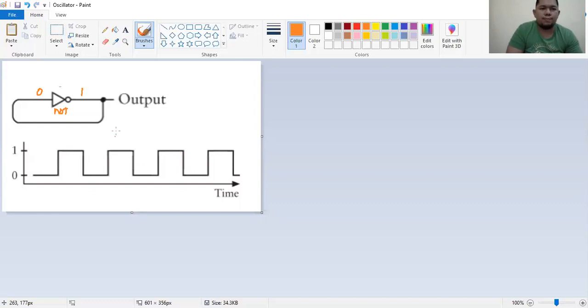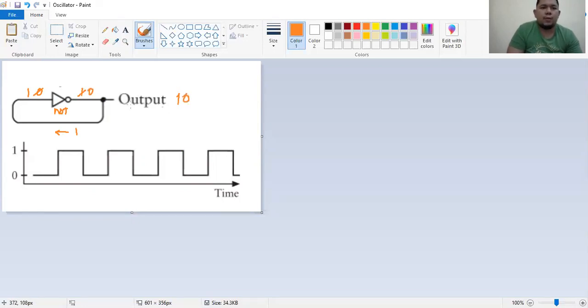So that will be 1, and the output will be 1. Since the current output is being fed back to the input, the input becomes 1, and now the output changes back to 0.